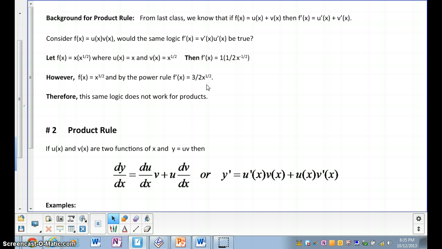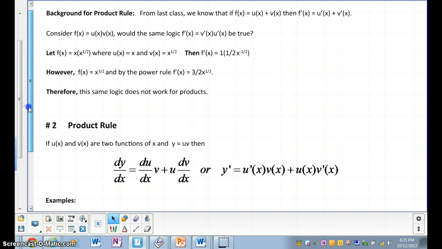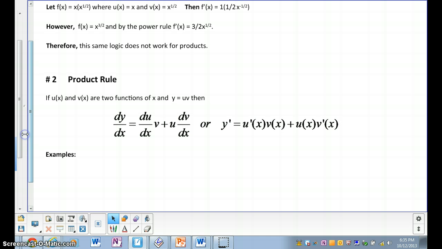So as you can see, with just a simple example, the same logic that works for a sum of two functions does not work for products. So we have a different rule that we have to follow anytime we have a product of two functions.